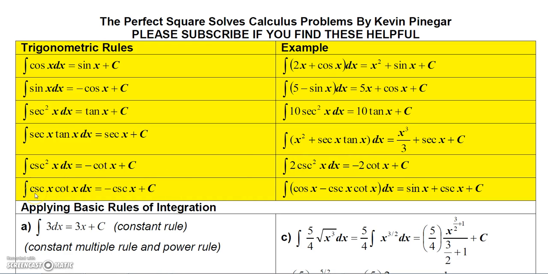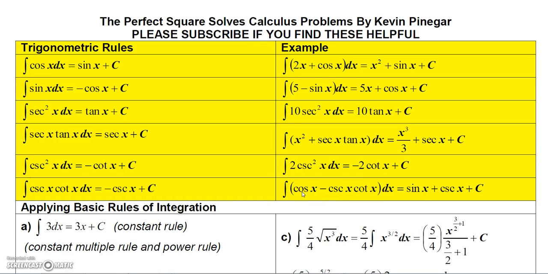And then the last one here is when you integrate cosecant x cotangent x dx, you get minus cosecant x plus a constant. And so over here, you have cosine x minus cosecant x cotangent x.